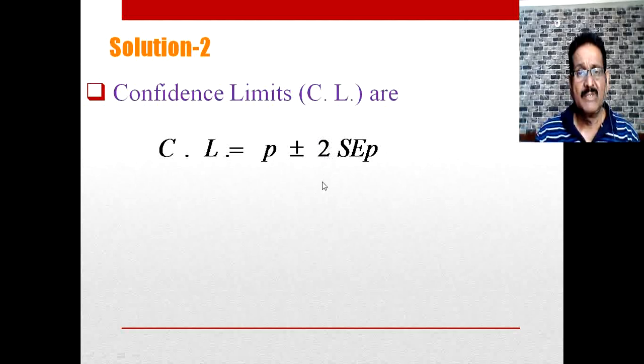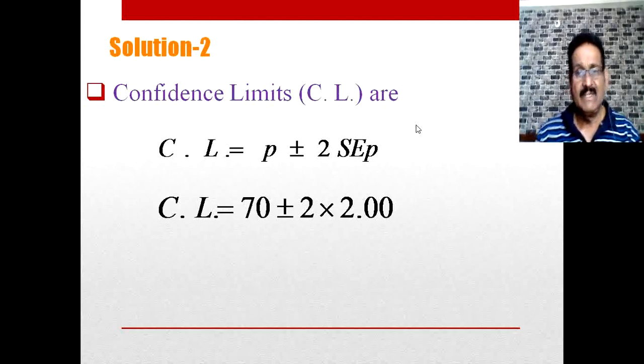We discussed this when we learned about the normal probability distribution, in detail about the confidence limits for 68%, 95%, 99%, and so on. So the confidence limit is 70 plus minus 2 times 2.05, approximately.